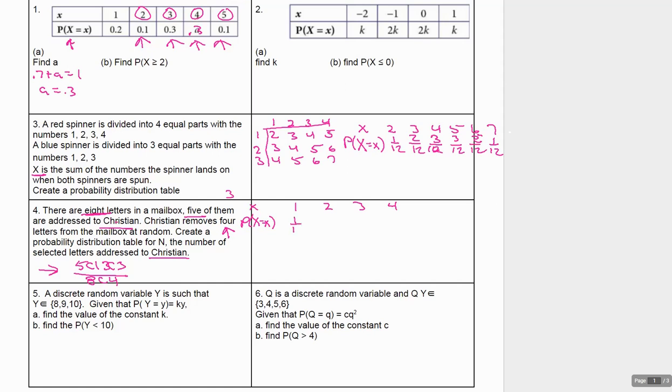Now, in your calculator, if I'm going to pick 2 letters for him, this is going to become a 2, and this is going to become a 1. So just make those 2 changes and tell me what that probability is.